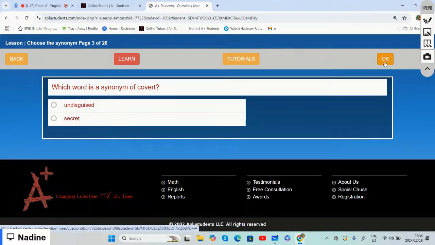What is the synonym of covered? Is it undisguised or secret?